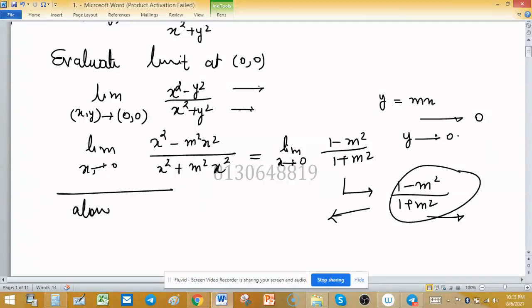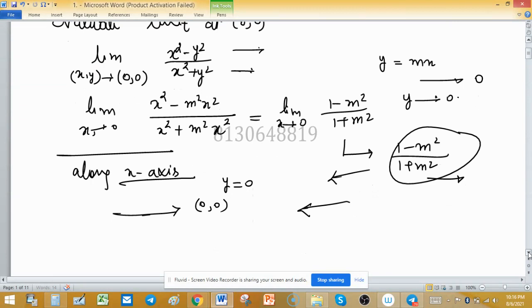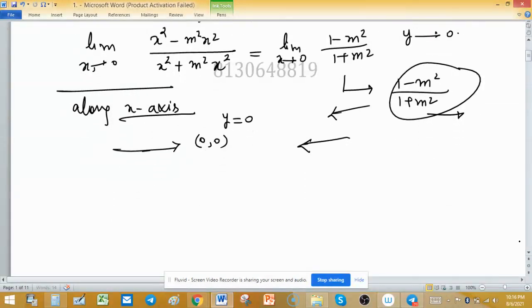Now if I find the limit along the x-axis, it means y equal to 0, and we need to reach the point (0,0) from this side and this side along the x-axis.